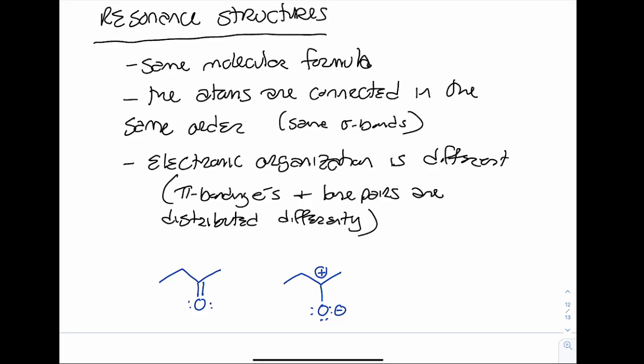Is my electronic organization different, right? Are my pi bonding electrons and lone pairs distributed differently? Yes. The molecule on the left, I have a pi bond, so I have 2 pi bonding electrons and 2 lone pairs. On the molecule on the right, I have no pi electrons and I have 3 lone pairs. So the relationship between these two, they are resonance structures.